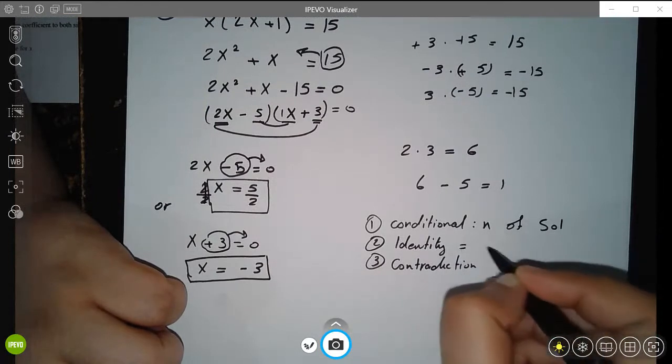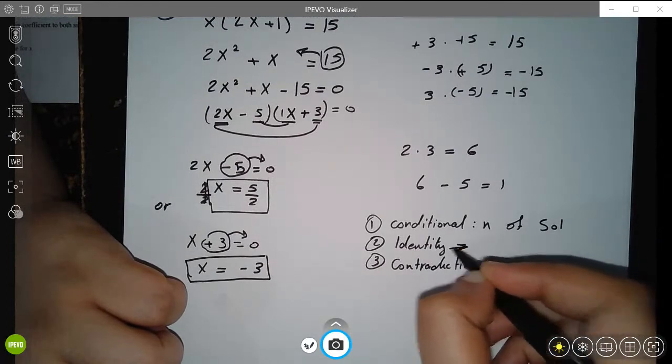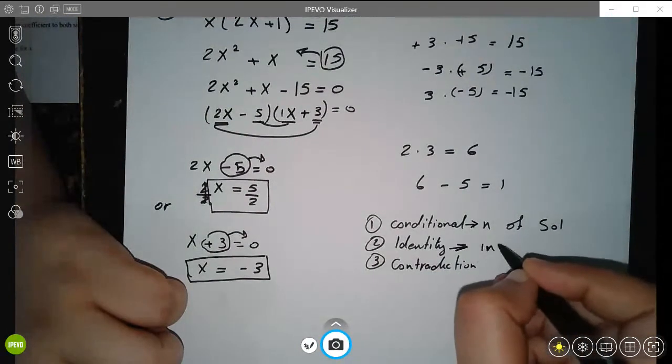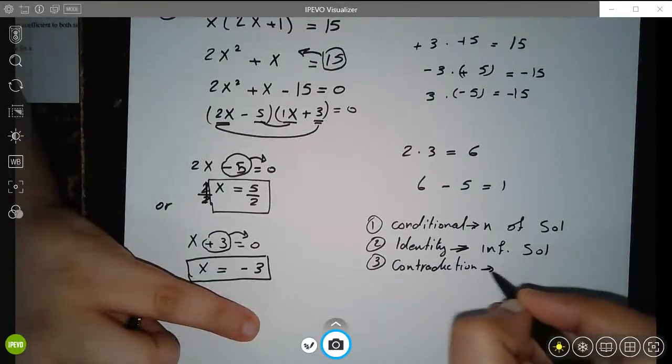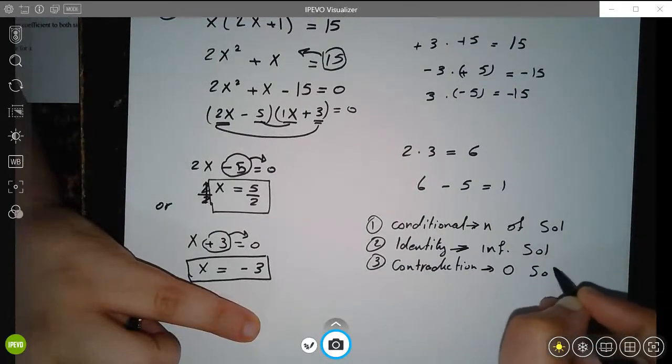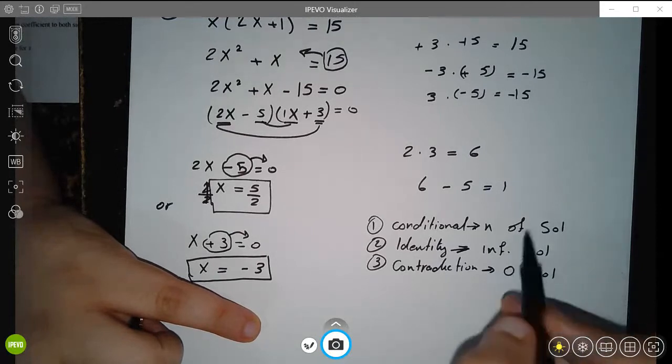This has, oops, let me do an arrow instead. Okay, there you go. This has infinitely many solutions, and this has 0 solutions. All right? The first one I said n.